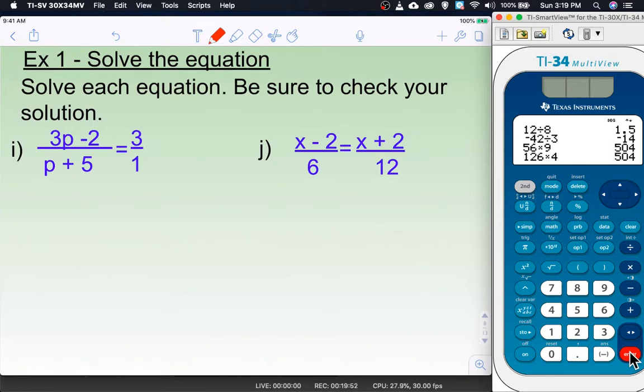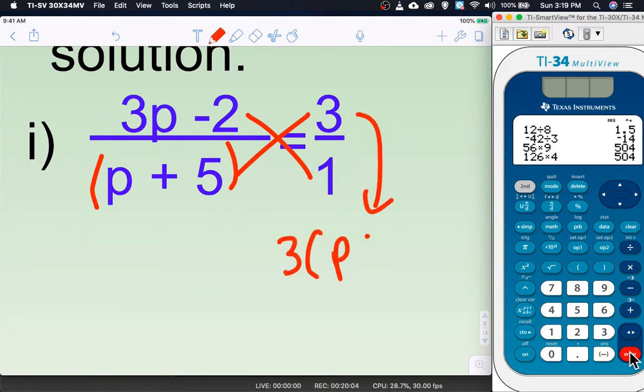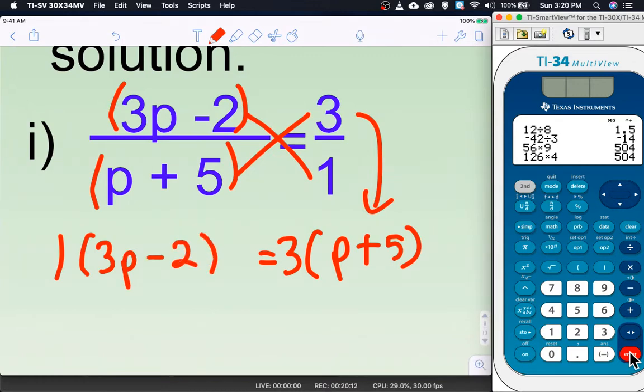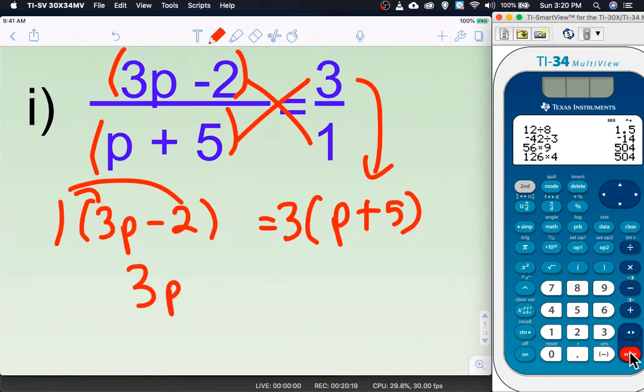Okay, letter I. Cross multiply. That's what you do with proportions to turn them into equations. So on this side, I'm going to have 3 times p plus 5. On the left side, I'm going to have 1 times 3p minus 2, which I don't actually have to distribute, because if I'm multiplying by 1, I'm just going to get the same thing back.